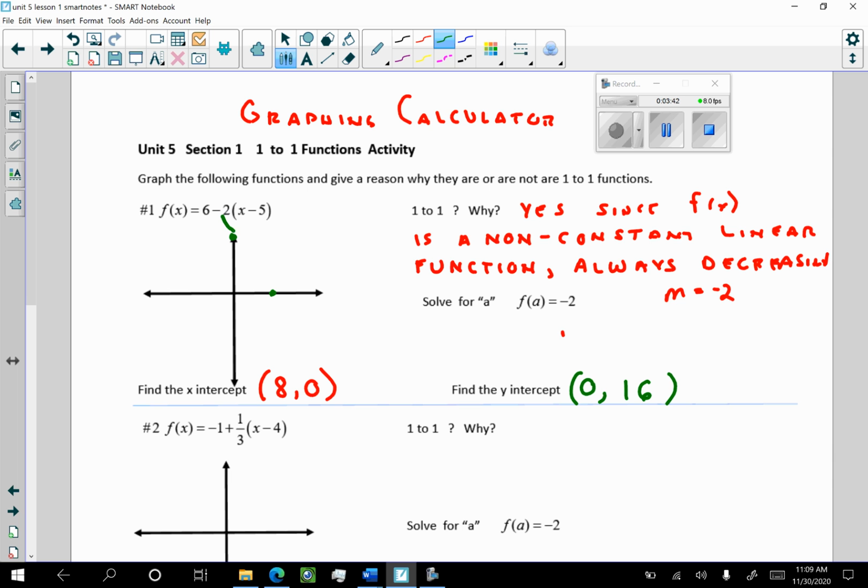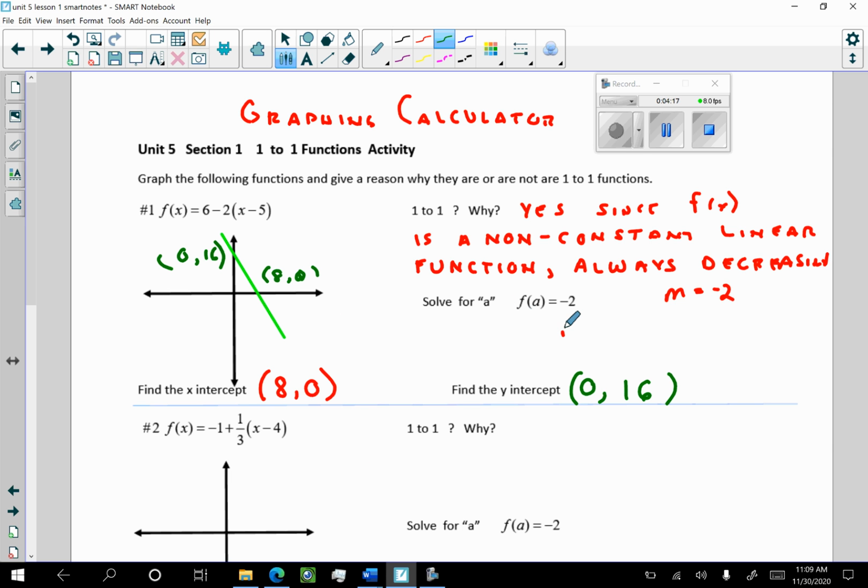I'm going to use the line tool on that, and that'd be an okay graph right there. I'll label this point as (8, 0) and this point as (0, 16). Notice it's off scale, and that's okay.